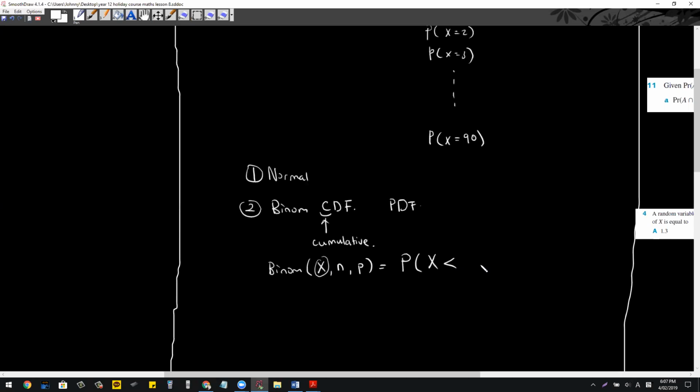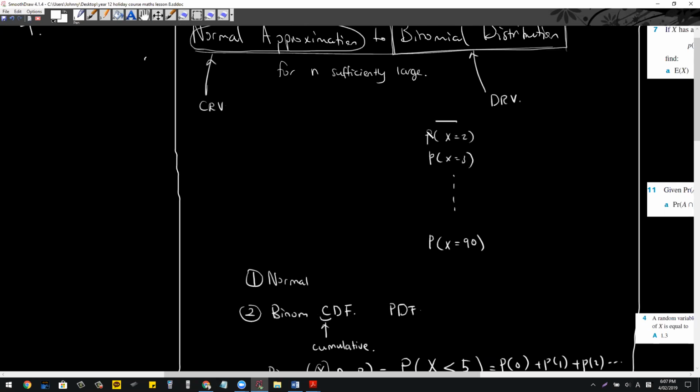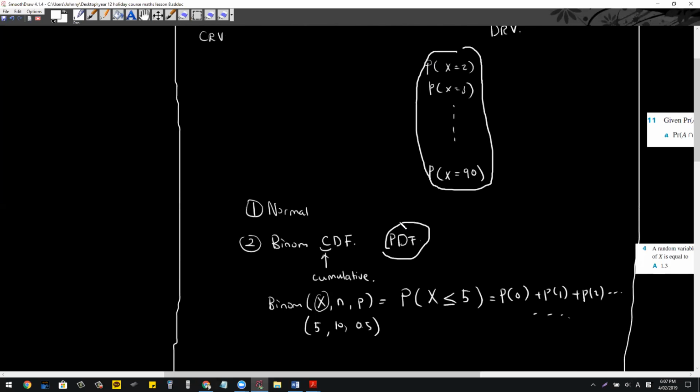So let's say if that's 5, and that's 10 trials and probability 0.5, then this includes 5 as well. So this is P of 0, P of 1, P of 2, etc. There is a calculator function that allows you to do all this in one go. And the PDF is related to just one particular value.